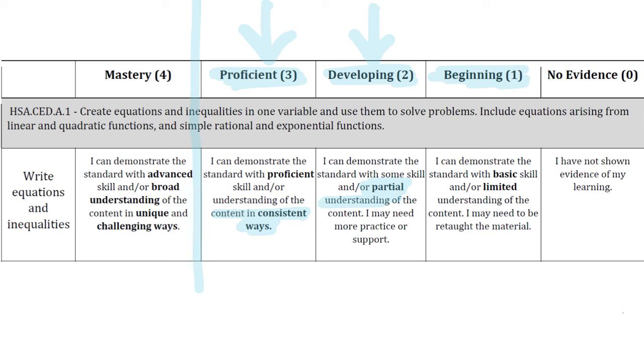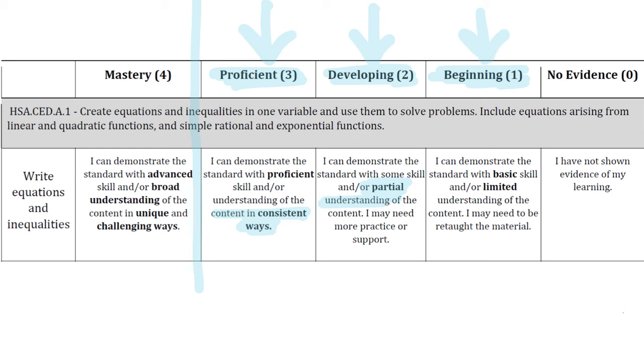Like maybe you got the first one right, but maybe there were some hiccups in numbers 2 and 3, or maybe you correctly identified the variable each time, but maybe you were incorrect on setting up the equation or inequality each time. So you had some good things going on for sure. You did some good solving maybe, but maybe there were just a couple things that aren't quite there yet. And again, that's an okay place to be.